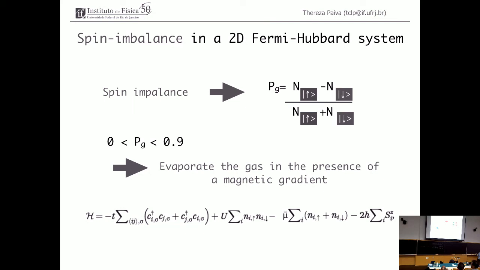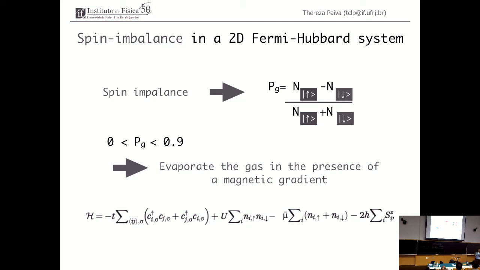But here, the difference is we have a spin imbalance. So we have here a global polarization, which is defined from the total number of atoms with up spins and down spins. And we define this quantity. And what is done in the experiments is an evaporation of the gas in the presence of a magnetic gradient.